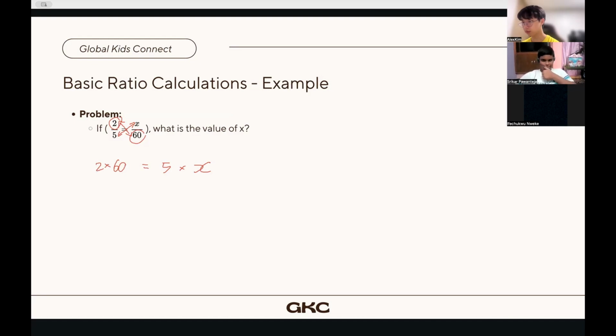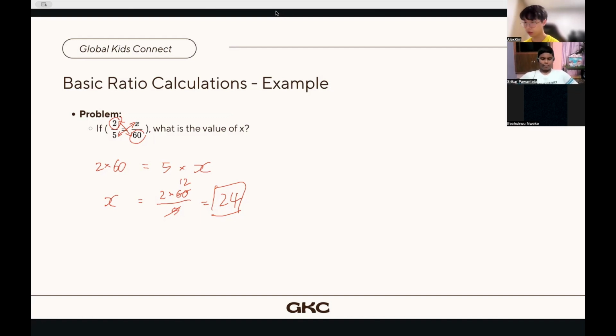If we divide each side by 5, then we can rewrite it as x equals 2 times 60 over 5, which, if we simplify, we can get rid of the 5. So it's 2 times 12 equals 24. Just a very basic example of how we can use cross multiplication in ratio problems. I don't think anyone would have a question regarding this one.